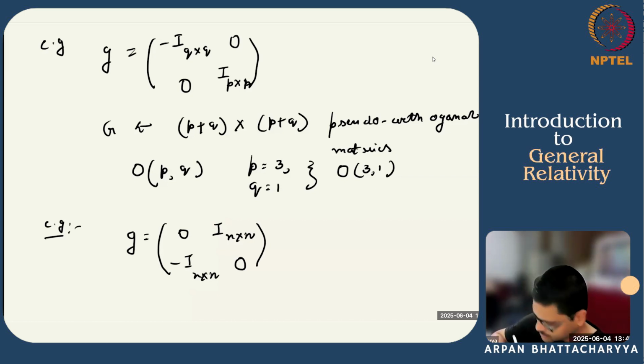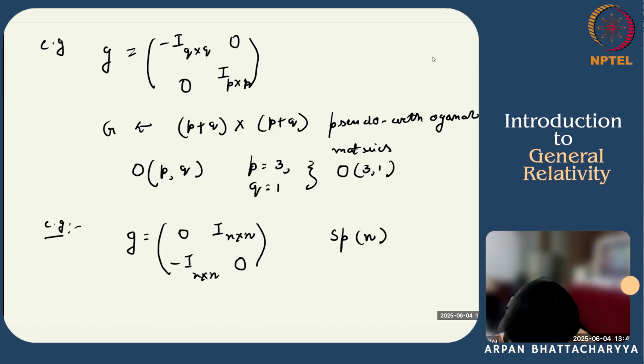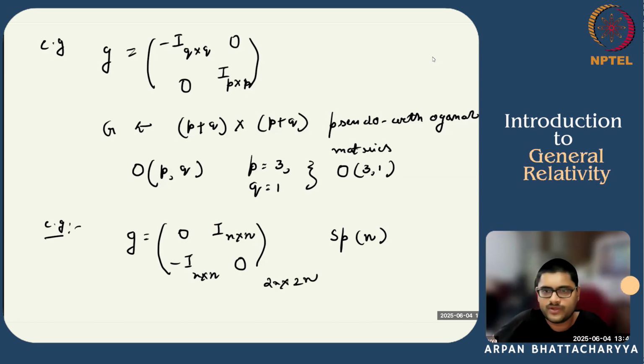In this case, the set of all possible transformations which keep this particular matrix invariant are called symplectic matrices, and they form a symplectic group Sp(2n), of 2n cross 2n matrices.